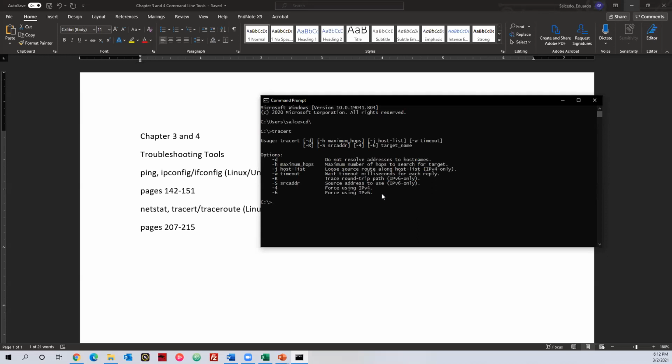Oh, that's part of the layers. Well, yeah, but it's time to live. So why are hops important for you whenever you set up a connection? Measure your latency.